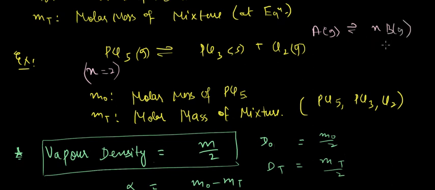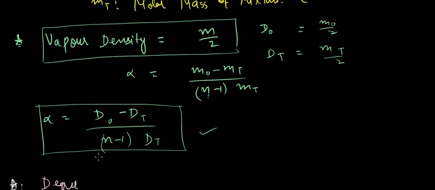So n represents the number of moles of products formed, and here two products are formed. I hope you can put the value of n minus 1 here. N is 2, so alpha would be (d0 minus dT) by dT, or (M0 minus MT) by MT.